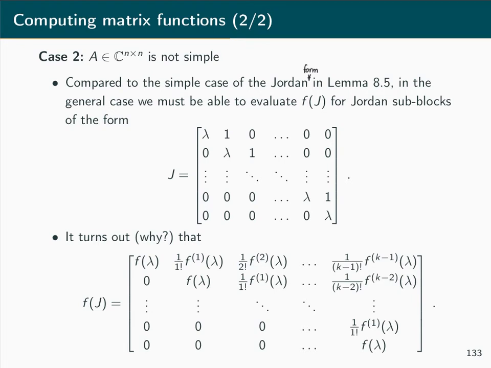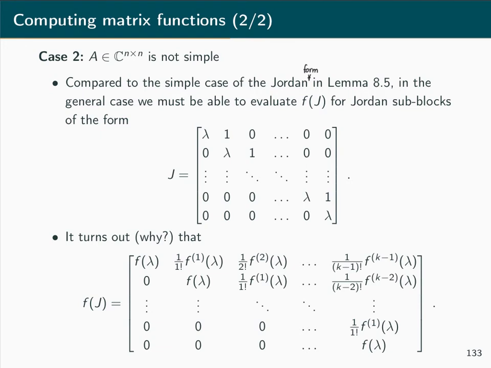Next, we look at case 2, where the matrix A is not simple. Compared to the simple case of the Jordan form in lemma 8.5, note that in the general case, we must be able to evaluate the function f of J for Jordan subblocks J, which have the form as shown here. So we don't have just a diagonal matrix, but we have also ones on the superdiagonal.